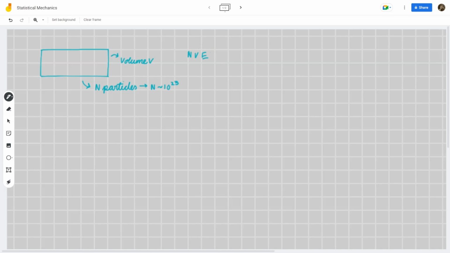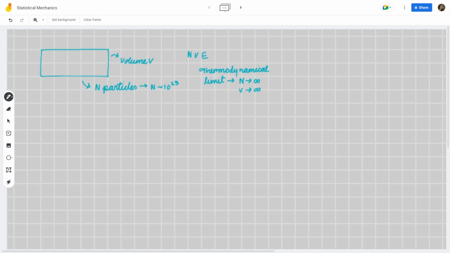As for the first ones, N and V, we will be taking a limit, the thermodynamical limit. The thermodynamical limit is nothing but when N tends to infinity and V tends to infinity.